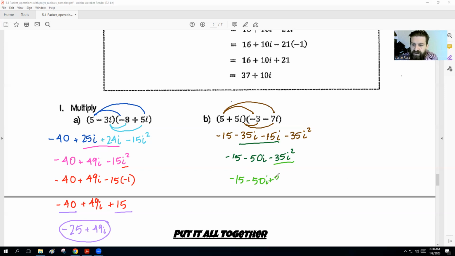Ooh, I almost forgot the i there. So the last step, we combine this 35 and the negative 15 together. Negative 15 plus 35 is a positive 20 minus 50i. There we go.